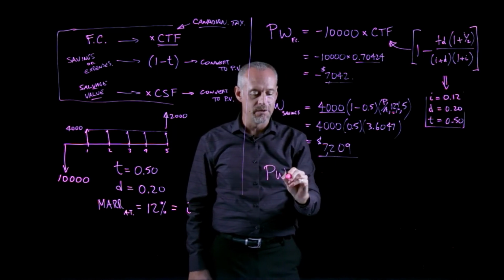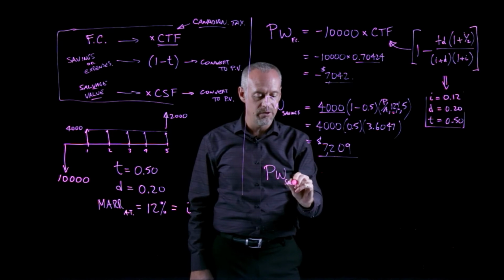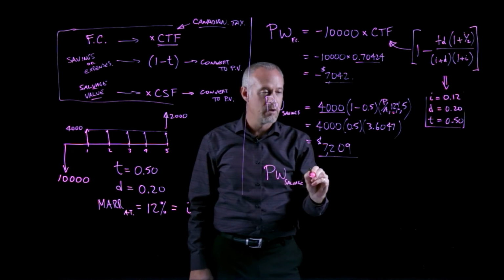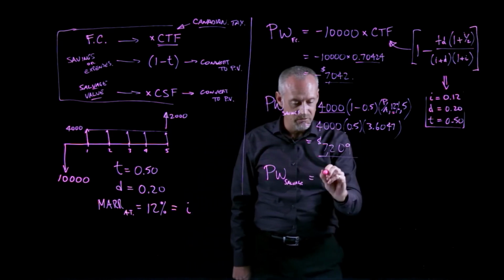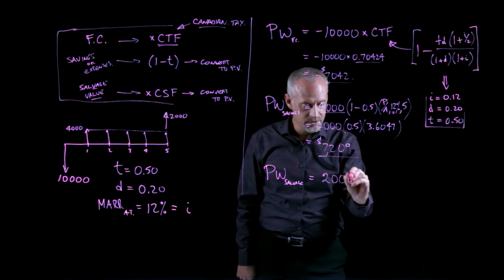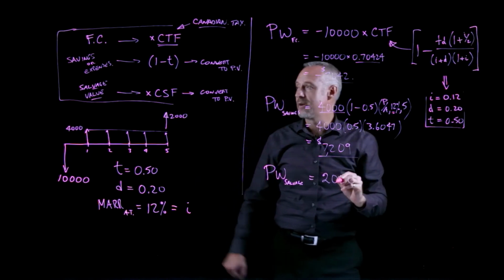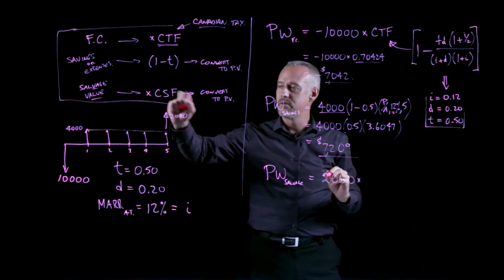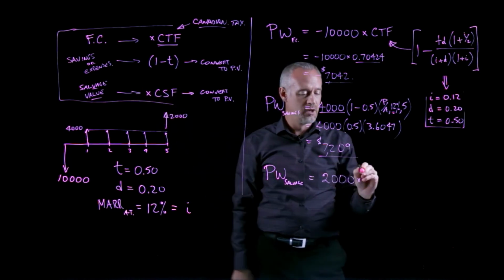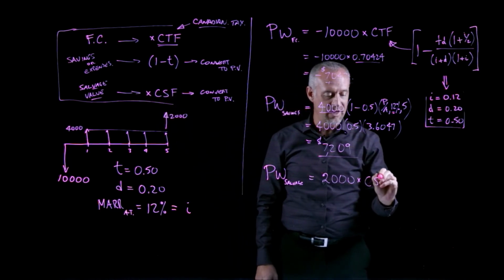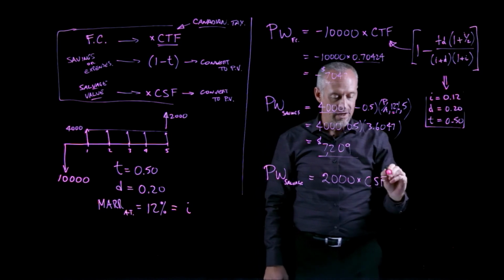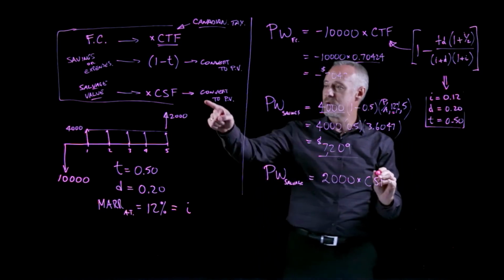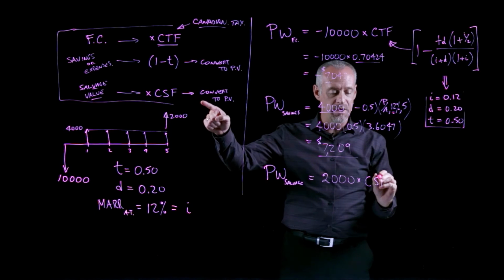The last thing I need to consider is the present worth of the salvage. And in this case, the salvage value was $2,000. I'm going to multiply that according to our introduction instructions times the capital salvage factor. And then we're also told we still have to convert that to the present.